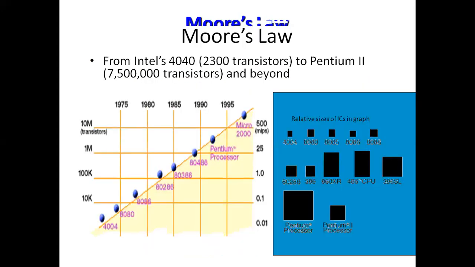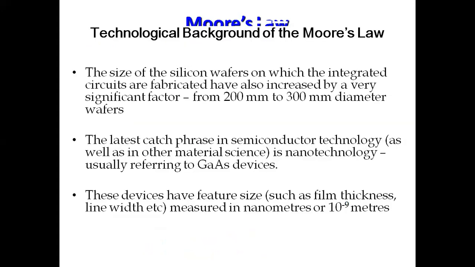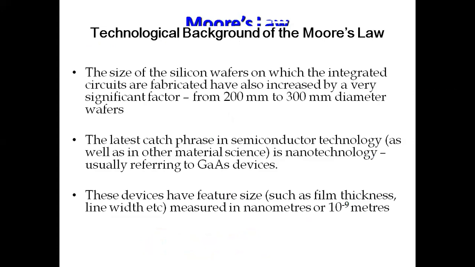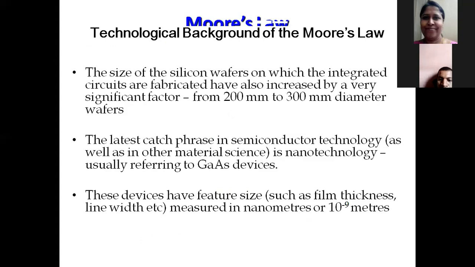So this also is highlighting the same thing in terms of transistors. So right now we are using gallium arsenide, and the device feature size, means the size of the gate, that is around 7 nanometer now, not around, it is 7 nanometer.